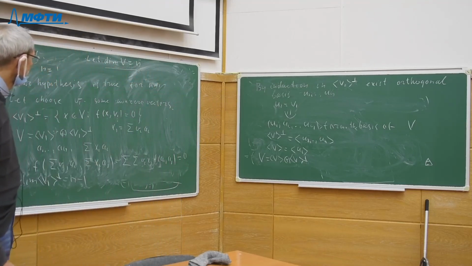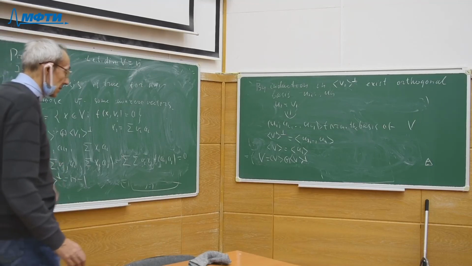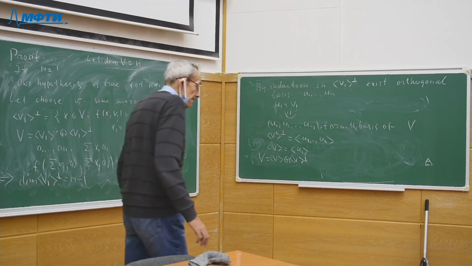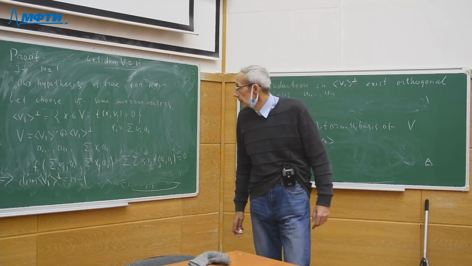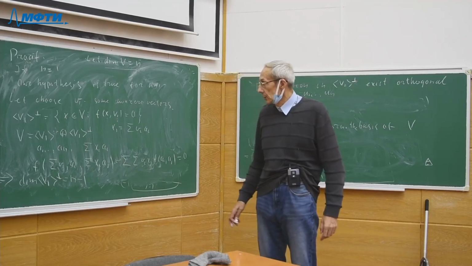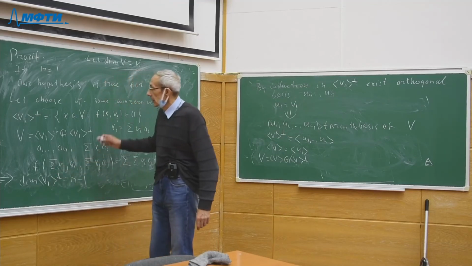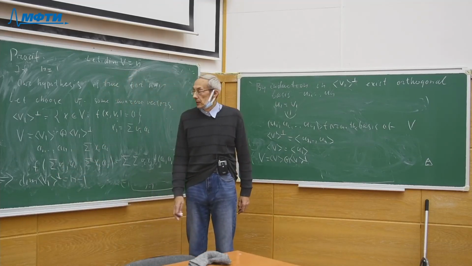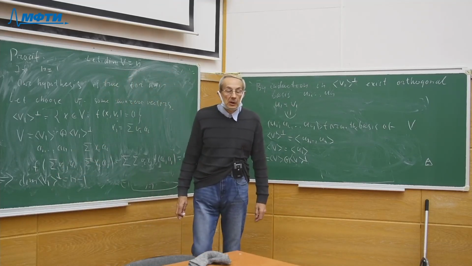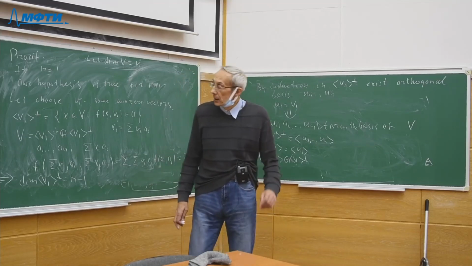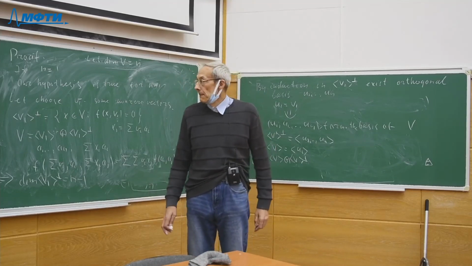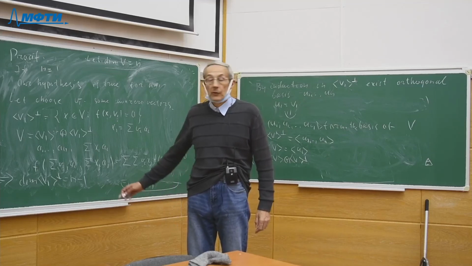But I have no time, so I announce some assertions which will be in the following lecture. We will consider some examples of how to find an orthogonal basis with respect to the bilinear form. And we will consider two other proofs of this theorem.